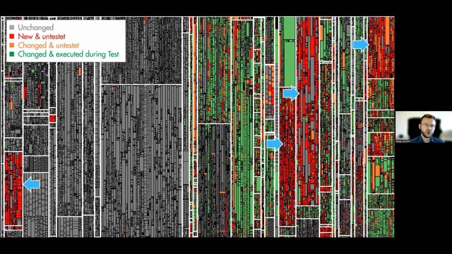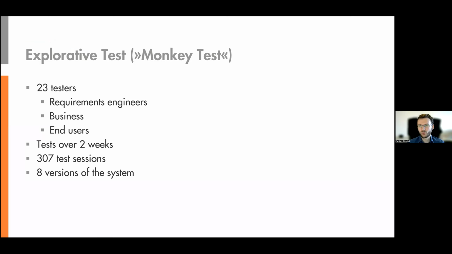They did a so-called explorative test, or some people also call this a monkey test, where they basically asked all of the people who made the requirements, so the requirements engineers and people from the business and the end users who were going to use the software in production. They told them, listen guys, you know what you ordered for this release, what kind of features you wanted. Take 2 weeks, try to cover as much of those features as possible and tell us if you find any bugs.